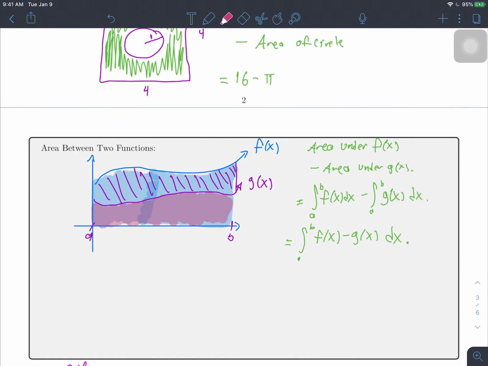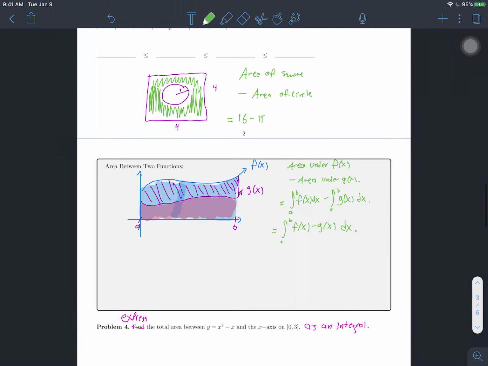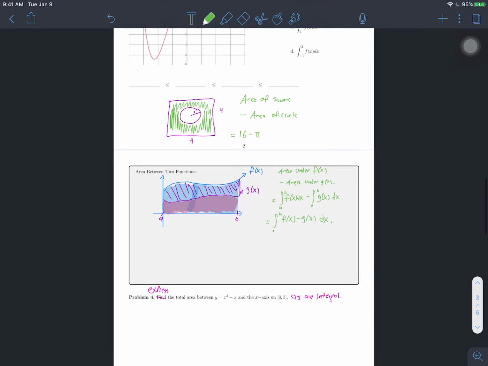And we write that integral from a to b of f of x minus g of x dx. Any questions so far?